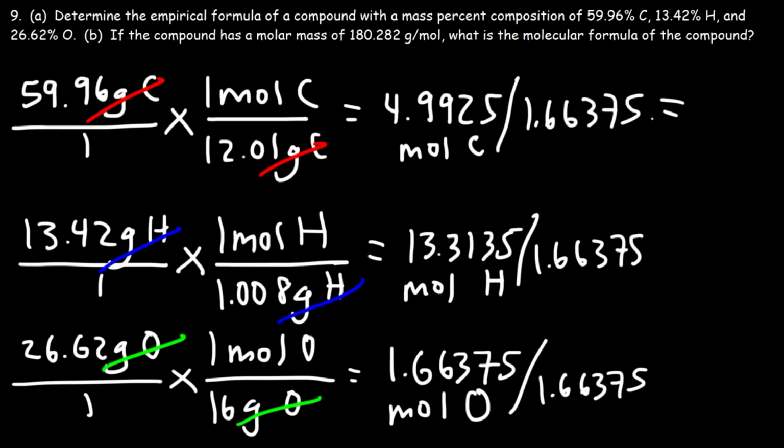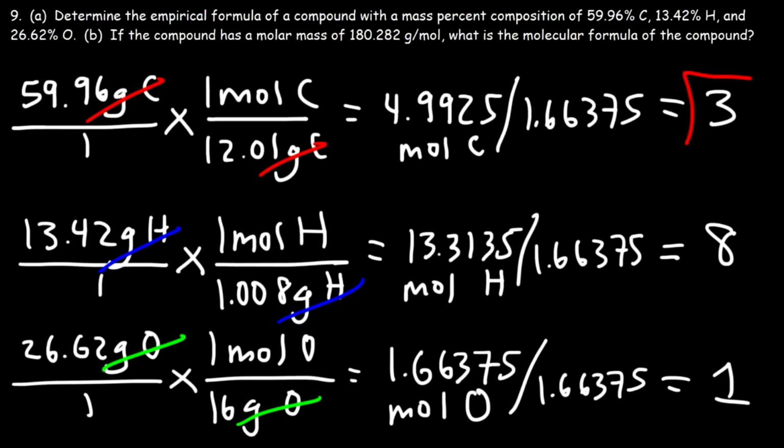So 4.9925 divided by 1.66375, that's equal to 3. 13.3135 divided by 1.66375, that's going to give us 8. And this is going to be 1.